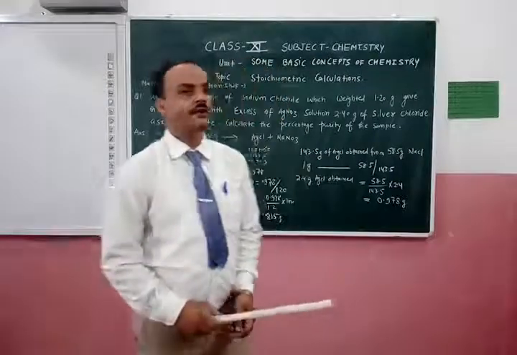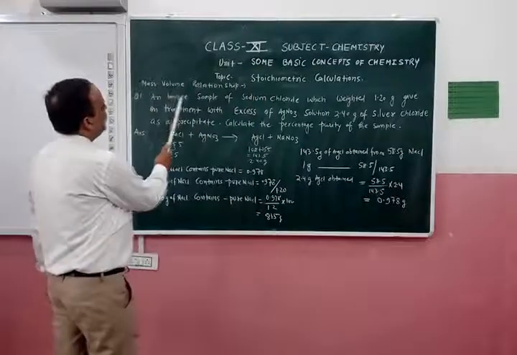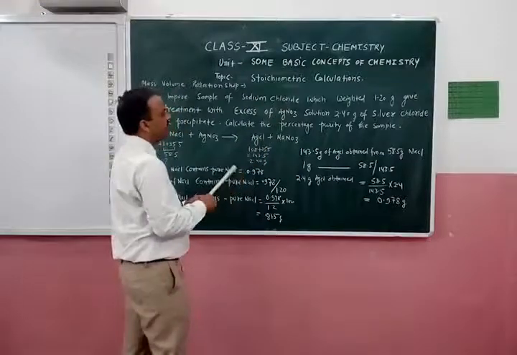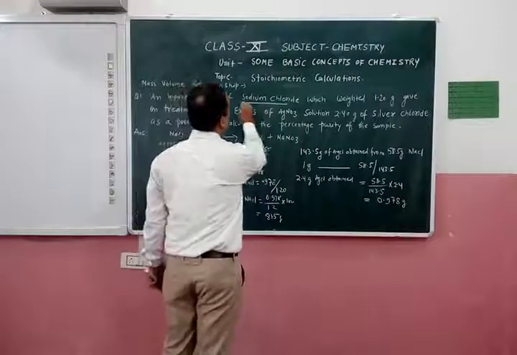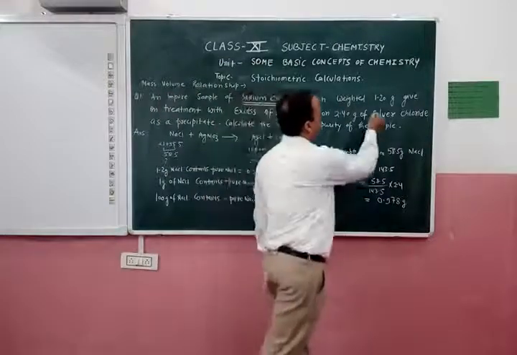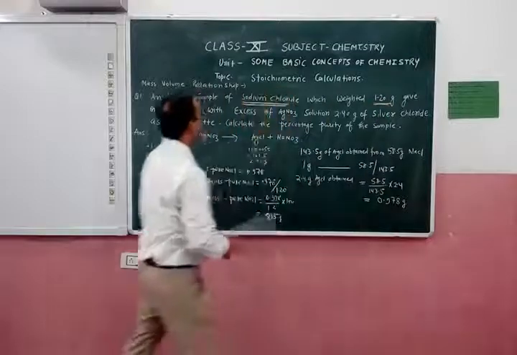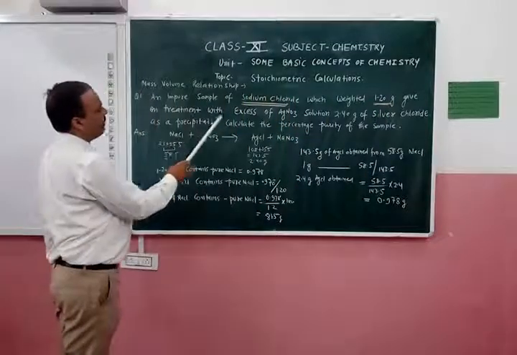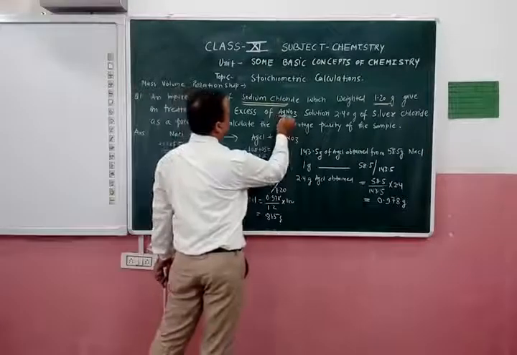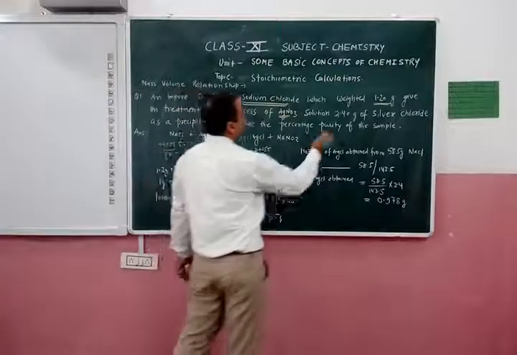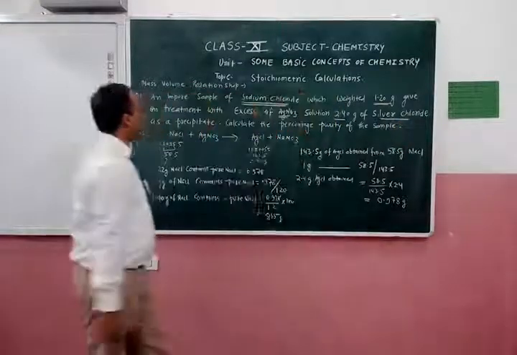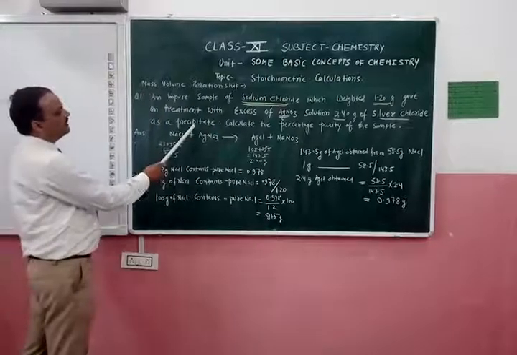How do we do this? The question is: an impure sample of sodium chloride, which weighed 1.2 gram, on treatment with excess AgNO3 solution, gives 2.4 gram of silver chloride as a precipitate.